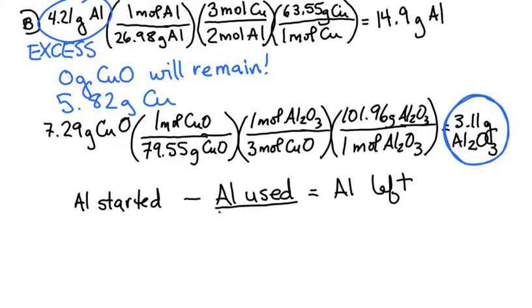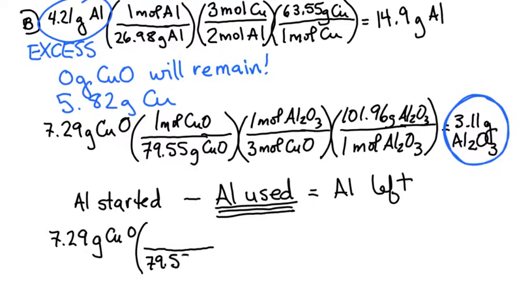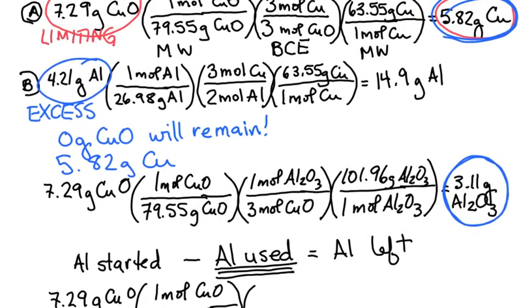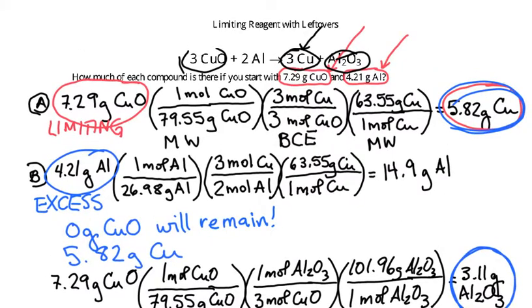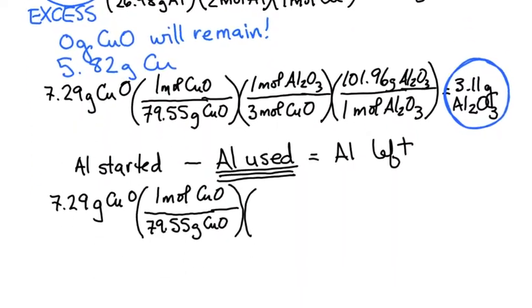The aluminum used is gotten through stoichiometry. Again, we're going to start with that 7.29 grams of copper 2 oxide. That's our limiting reagent. We start everything with it. We know that there's 79.55 grams of copper 2 oxide. That's the molecular weight. 1 mole copper 2 oxide. Now the balanced chemical equation tells us that 3 moles of copper 2 oxide requires 2 moles of aluminum to react with it fully.